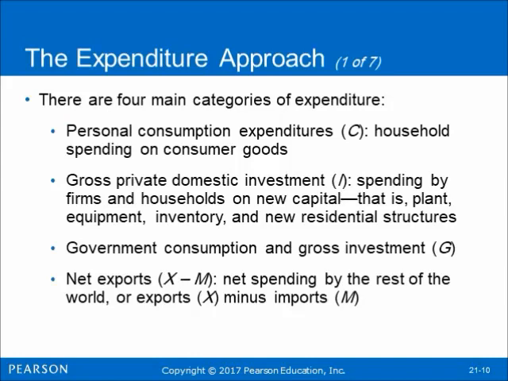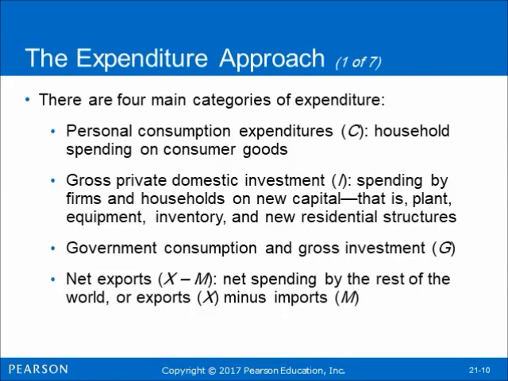Consider first the expenditure approach. There are 4 main categories of expenditure. First, personal consumption expenditures, denoted as C. These refer to household spending on consumer goods.